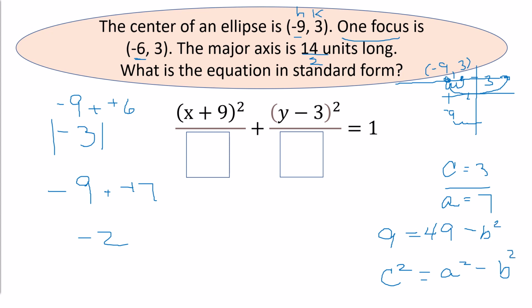All right, now I'm going to move this over to the left. I'm going to add B squared to both sides, and I'm going to subtract 9 from both sides. Okay, so this is going to move over to the left. This is going to move over to the right. So subtract 9 from 49. B squared is equal to 40. Take the square root of both sides, and B is equal to square root of 40.